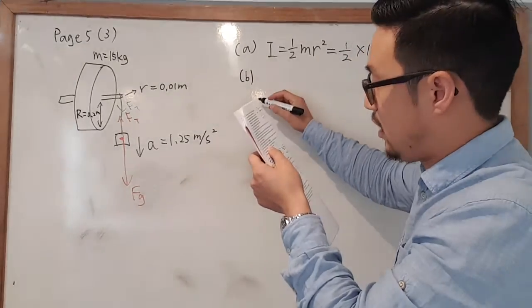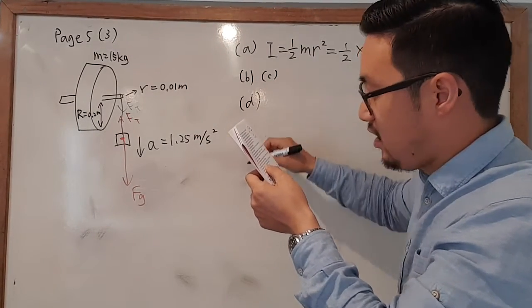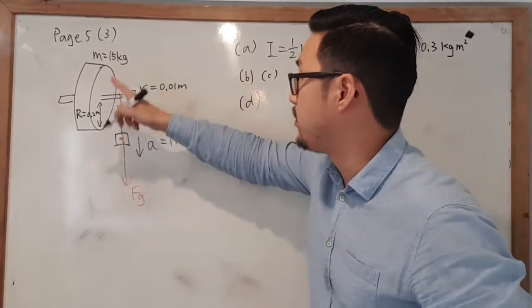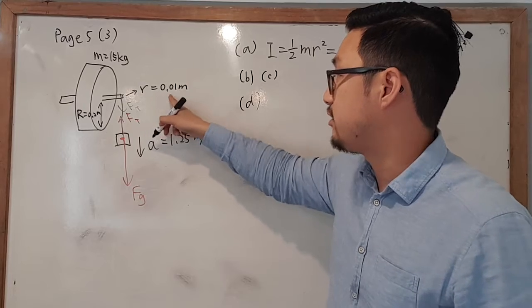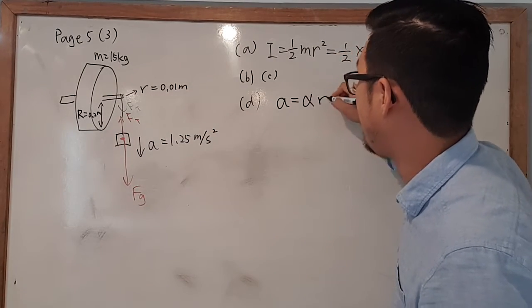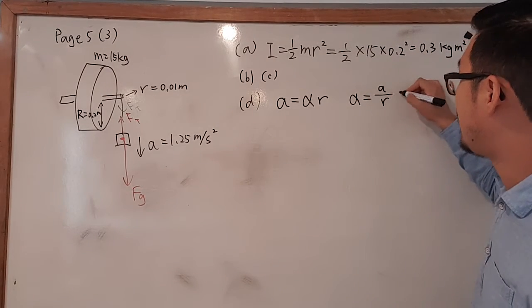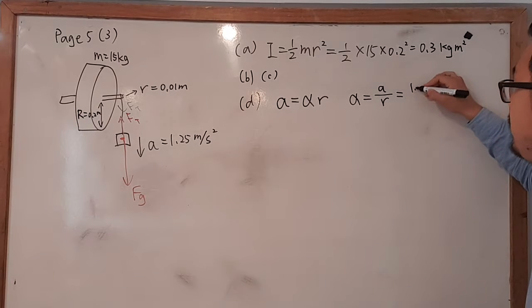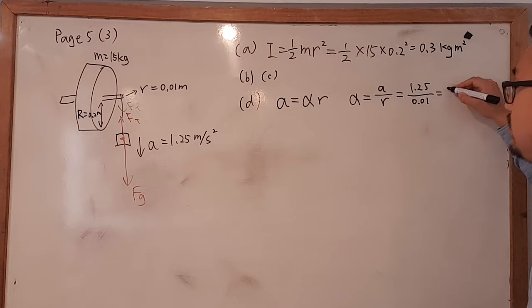Now calculate the angular acceleration of the flywheel. B and C we've already done, so now we come to D. If I have linear acceleration, I can turn it into rotational acceleration. So a equals alpha R, and alpha equals a over R. Putting the numbers in: 1.25 divided by 0.01 gives 125 rad per second squared.